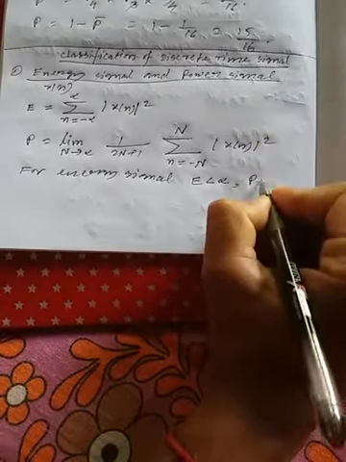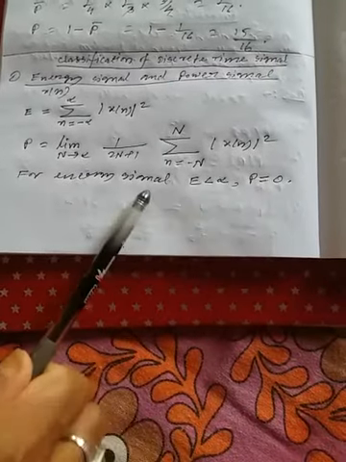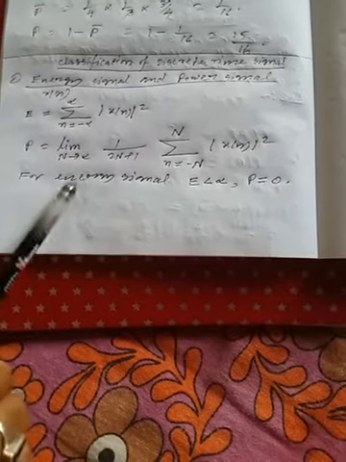But for an energy signal, the average power P will be 0. If these two conditions are satisfied, then a signal x[n] can be called an energy signal.